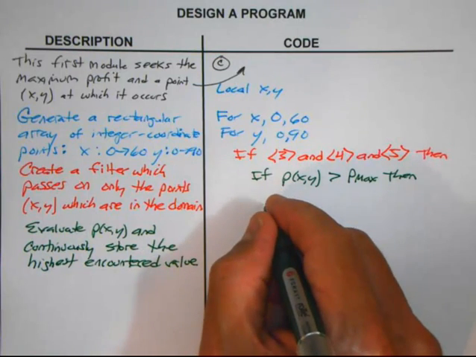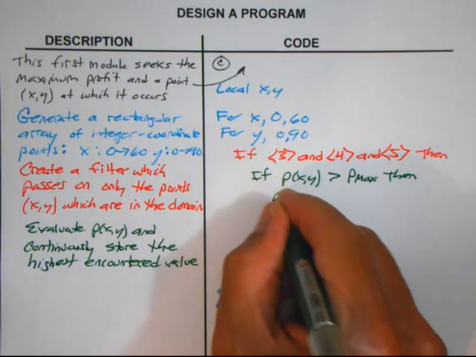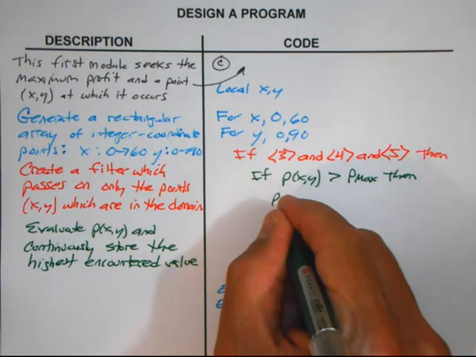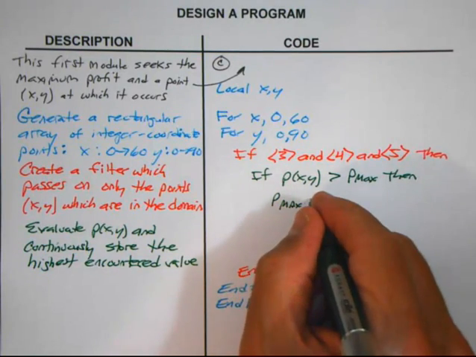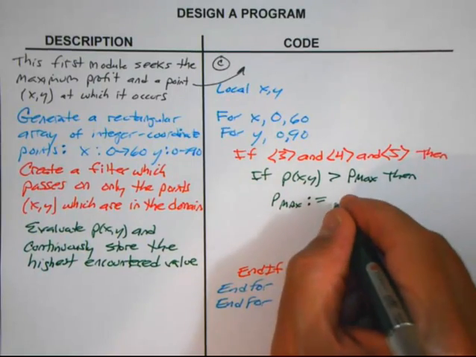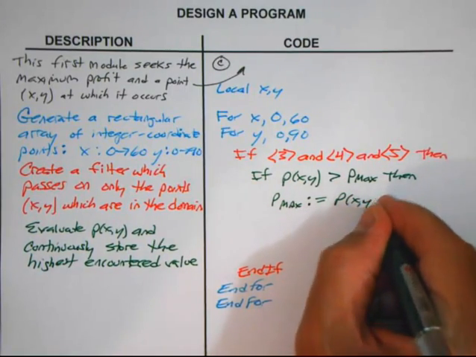So in other words, we will then say that Pmax will be assigned to P of x,y.